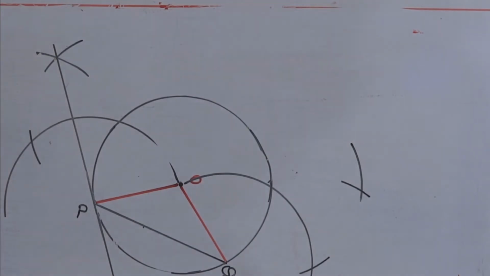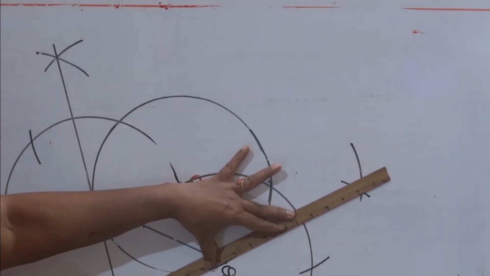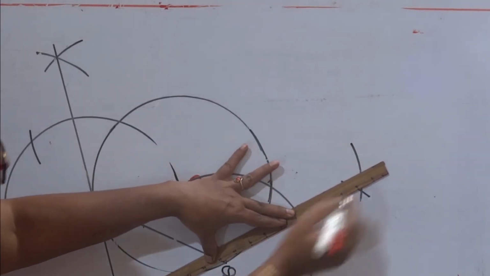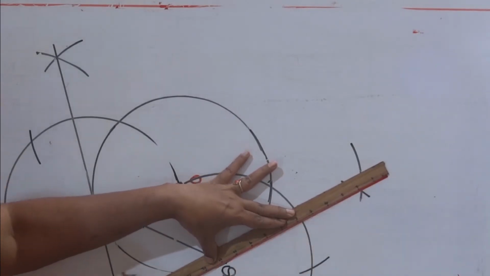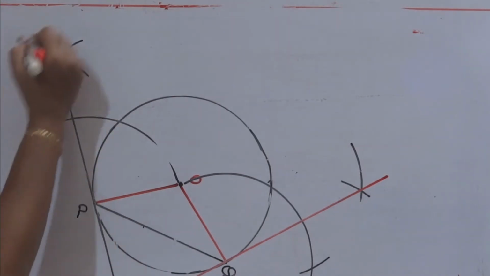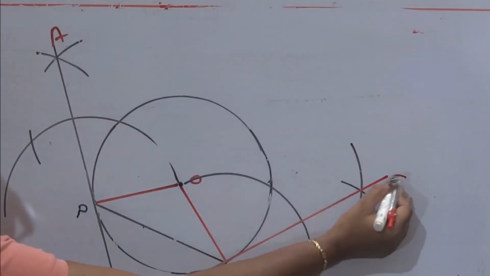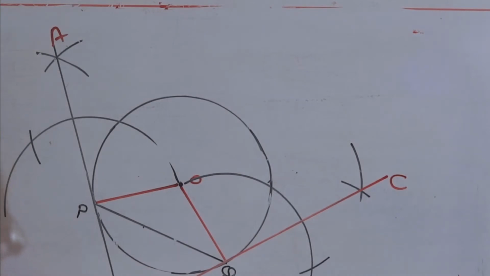Now we have to draw a tangent passing through point of intersection and point Q. Even you can repeat the same procedure below also. Now we can name these tangents. This is AB, this is CD. AB and CD are our tangents.